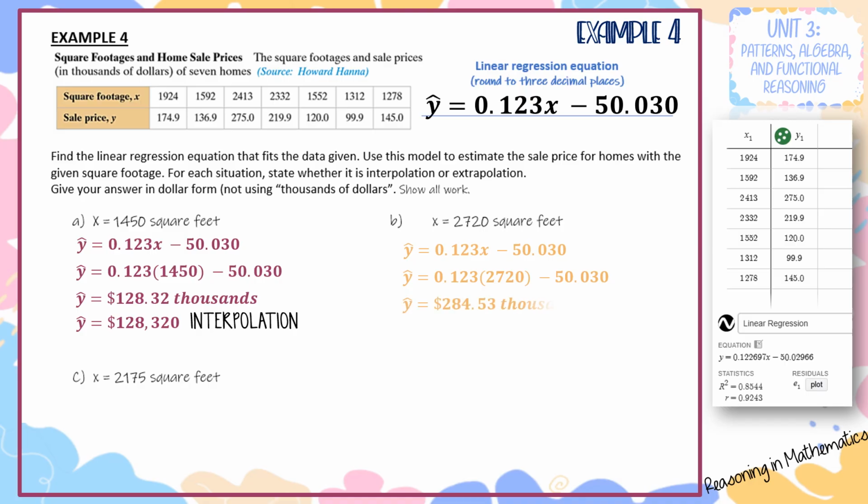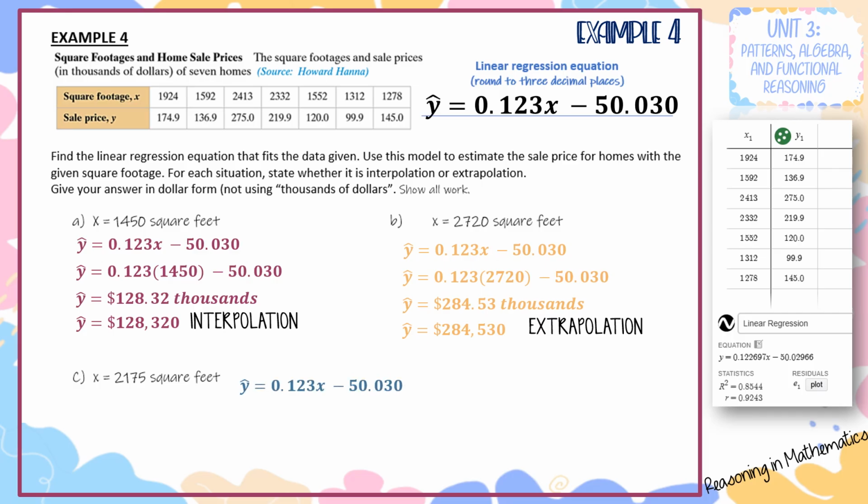Use your calculator to get the values, and the formula gives it in thousands, and we need to make it without the word thousands. So $284,530, and that's extrapolation. Part C, excuse me, is within the range of values that we have up there.